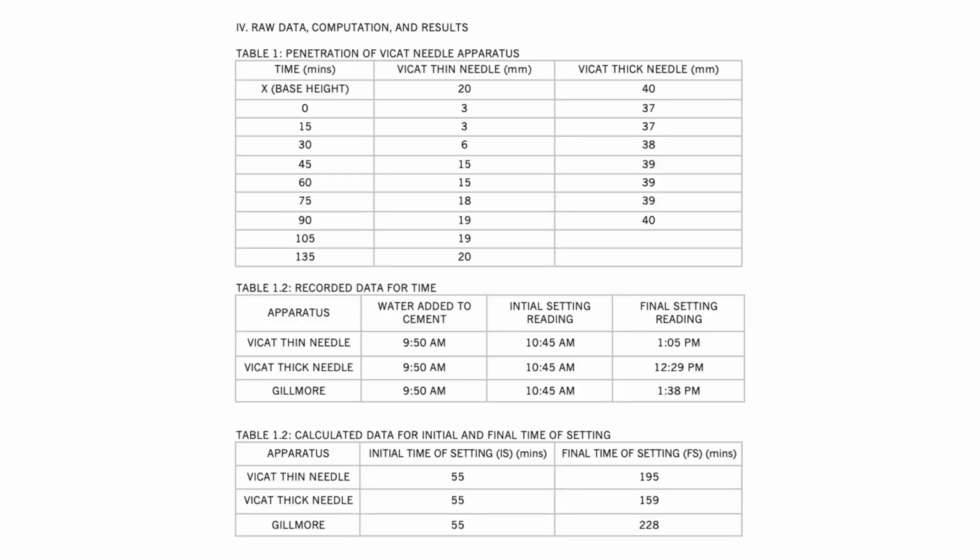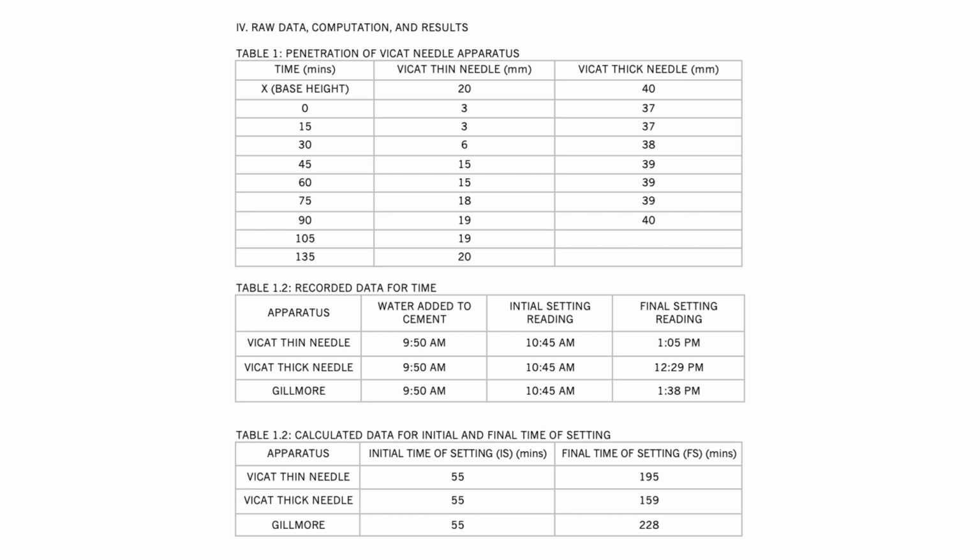Based on the results of using multiple testing methods, including the Gilmore apparatus and Vicat needle, all of the samples set at different times. The ASTM C191 and C226 standards stipulate that the Vicat needle test requires a cement to have an initial setting time ranging from 49 to 202 minutes, followed by a final setting time ranging from 185 to 312 minutes.